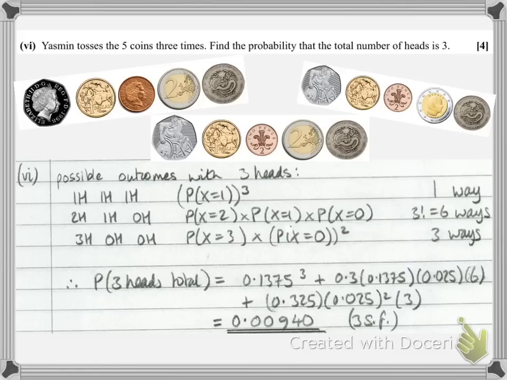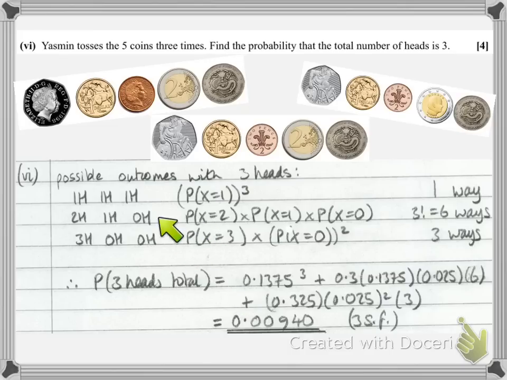To get one head in each, we've already worked out previously in the question, or from the table that we were given for the discrete random variables, we know the probability that x equals 1 is 0.1375. So to get 1 and then 1 again and then 1 again, that's just going to be the probability that x equals 1 cubed. And there's just one way of doing that.